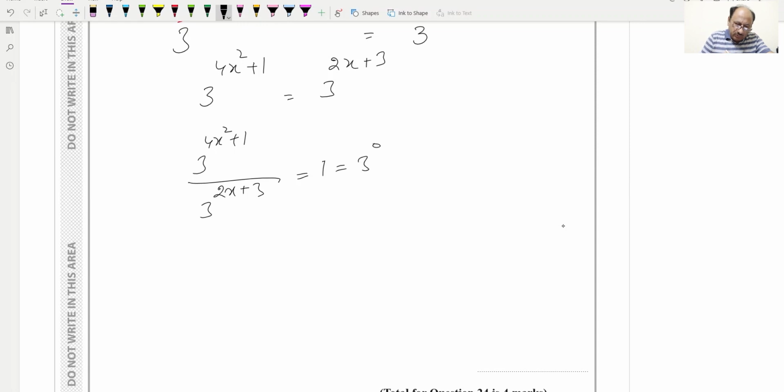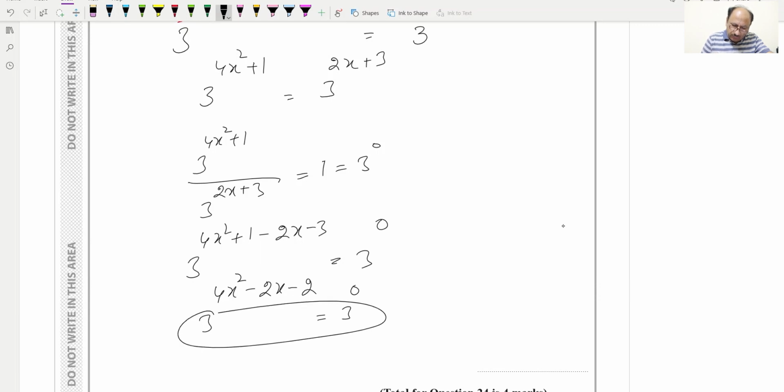3 raised to 0. So now we can write this side as 4x squared plus 1 minus 2x minus 3 is equal to 3 raised to the power 0, and we can write this as 4x squared minus 2x minus 2 is equal to 3 raised to 0.